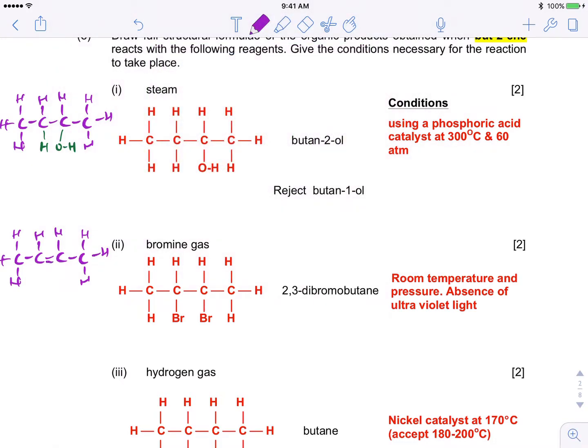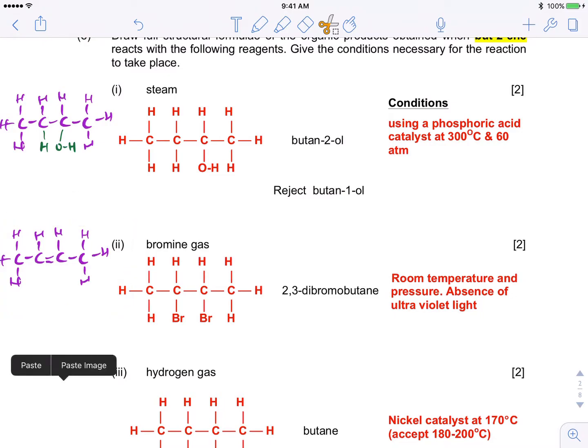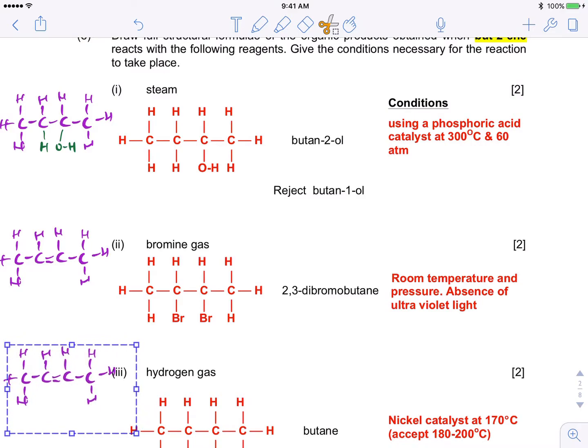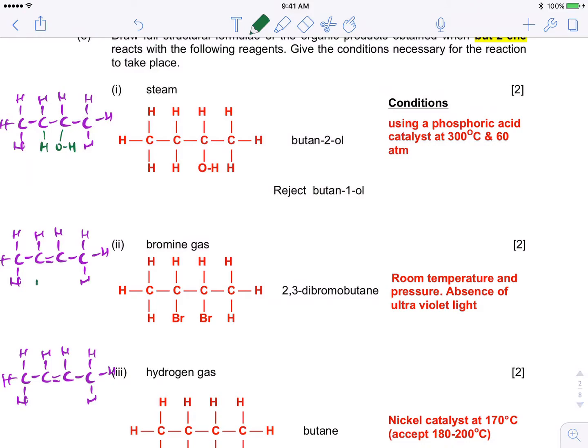If I will have the butene, then I'm adding a bromine molecule across it.